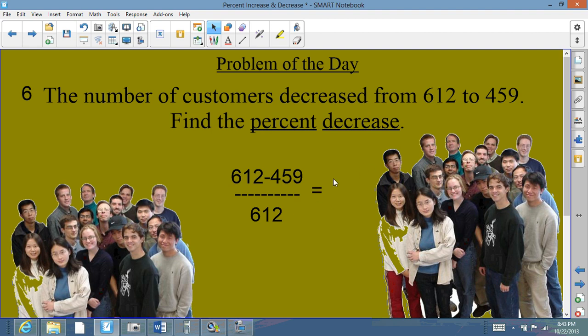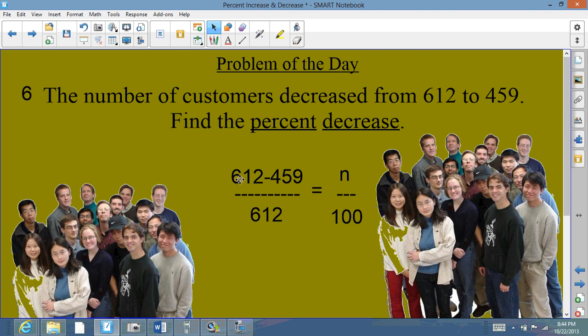So now we're looking for a percent. We don't know what percent, so we'll put an N to represent the percent. And we know our bottom number is always going to be what? If you said 100, you are right. And now we have our proportion.